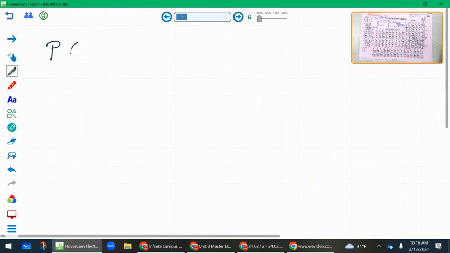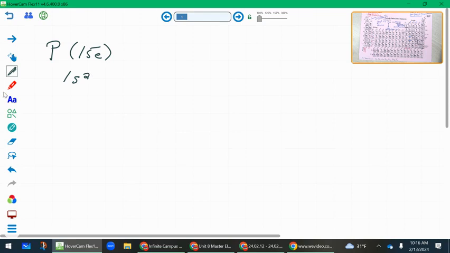Phosphorus, how many electrons total? 15. Okay, give me the configuration. Why are you starting with 2s1 when we've started every one of these with 1s something? 1s2. Why is it 1s2? Because the first energy level is filled, and that's how the first energy level looks when it's filled.